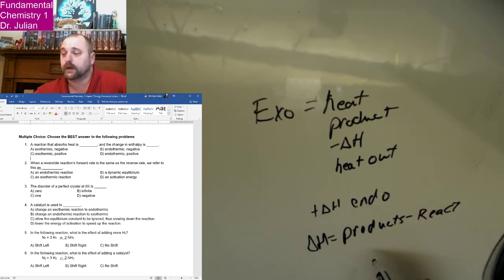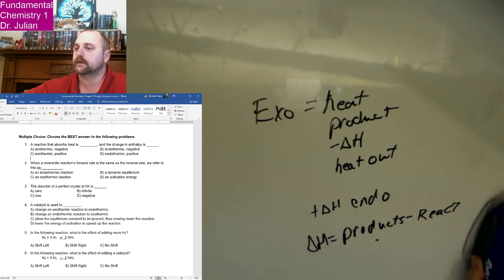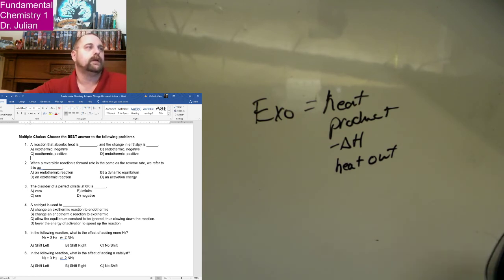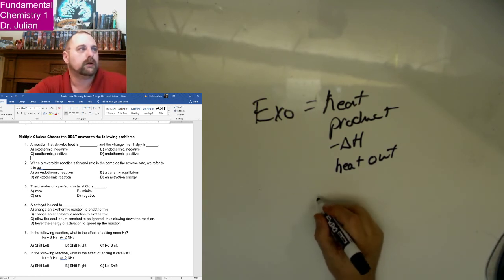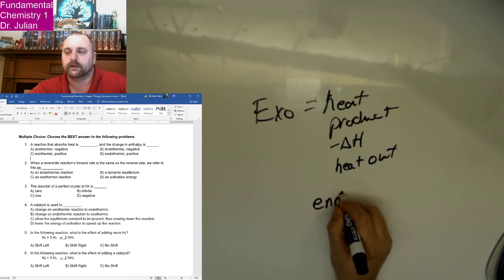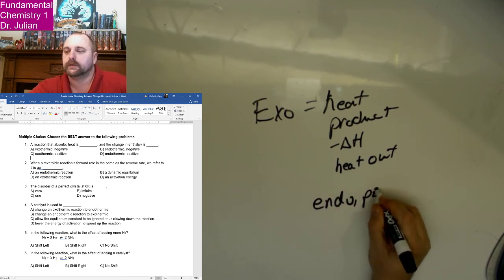And the H is how much energy is trapped in the bond. If there's less energy in the products than in the reactants, the extra energy will be coming out, and that would be exo. That's how I keep up with that. So this one, absorb heat, then we're looking for endo and positive.